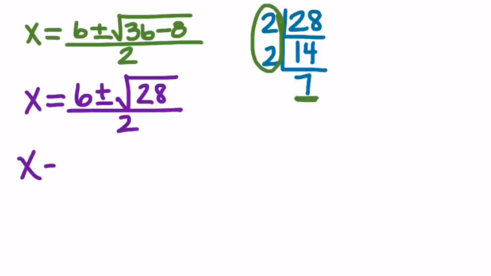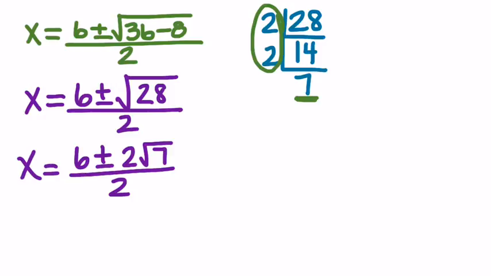So I'm going to write x equals 6 plus or minus, and since there was a pair of 2's, I'm going to do 2 times the square root of 7. The leftover stays inside, and this is all over 2. Now what I can do is I can split this up and reduce the fractions.